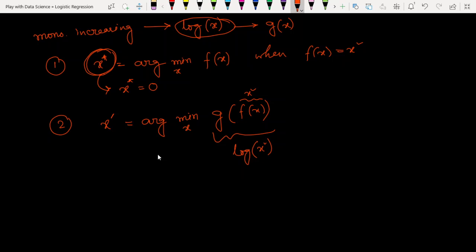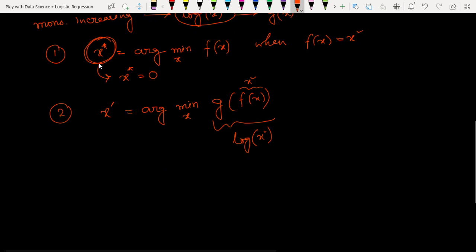Now we claim that x star and x dash are both the same if our g is a monotonic function, that is monotonically increasing or decreasing. First, what are we claiming?